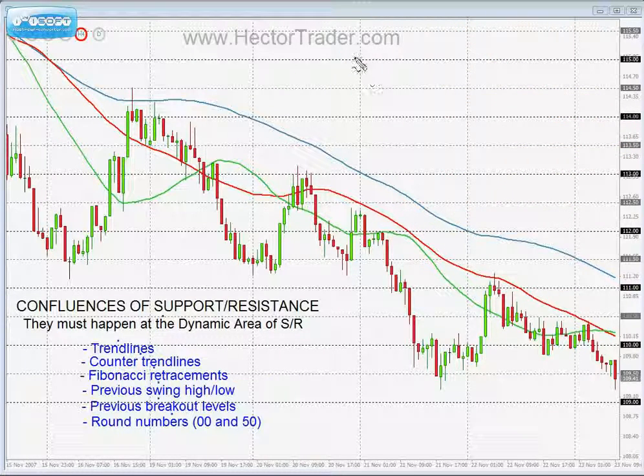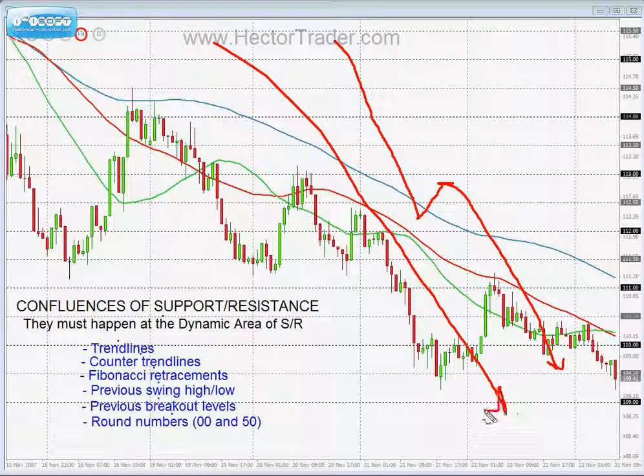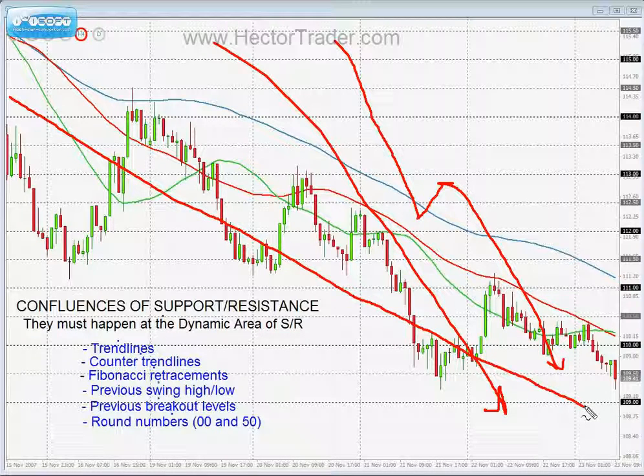In my opinion, if you have a swing down, the 23 would come somewhere around here. If it only retraces back to the 23 before shooting back down, that trend is usually carrying too much momentum for my taste, and the shape of the trend is too steep on your chart. I usually like to try milder trends, trends that have a not so steep slope.